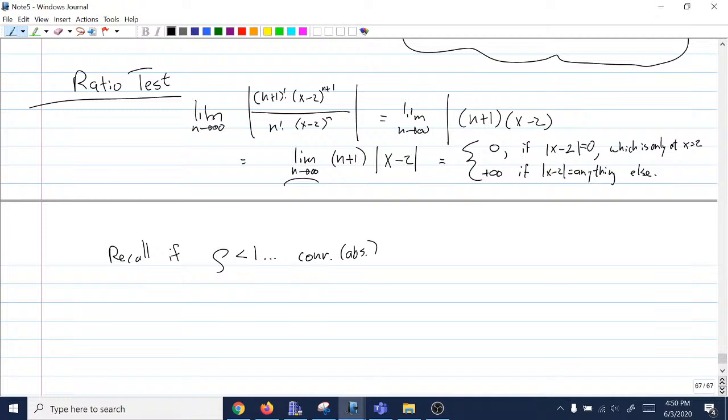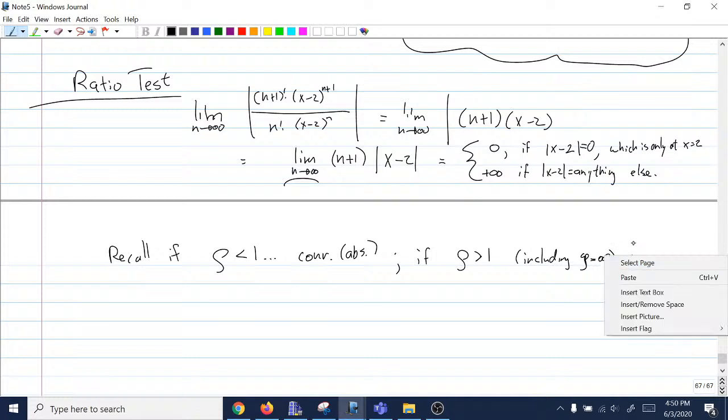If rho is less than 1, it converges absolutely. If rho is bigger than 1, including rho equals infinity, it diverges. So, 0 is less than 1, infinity is bigger than 1.